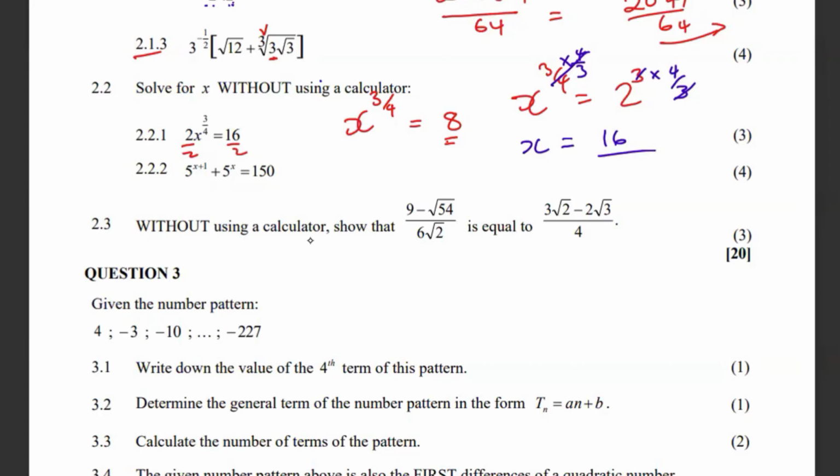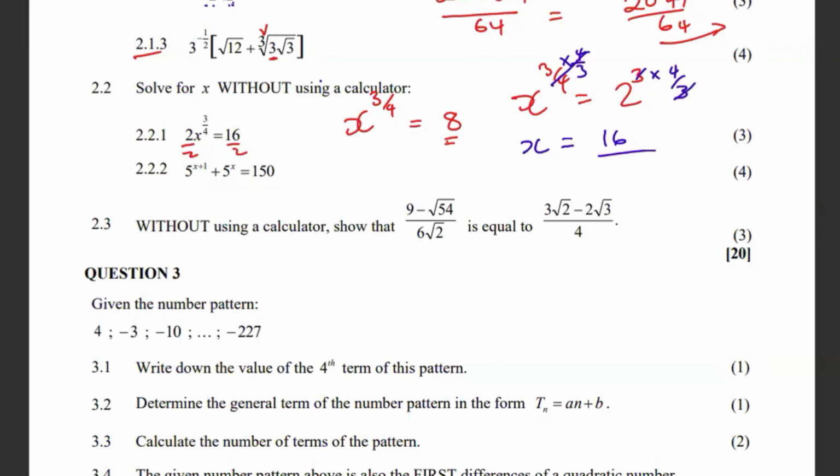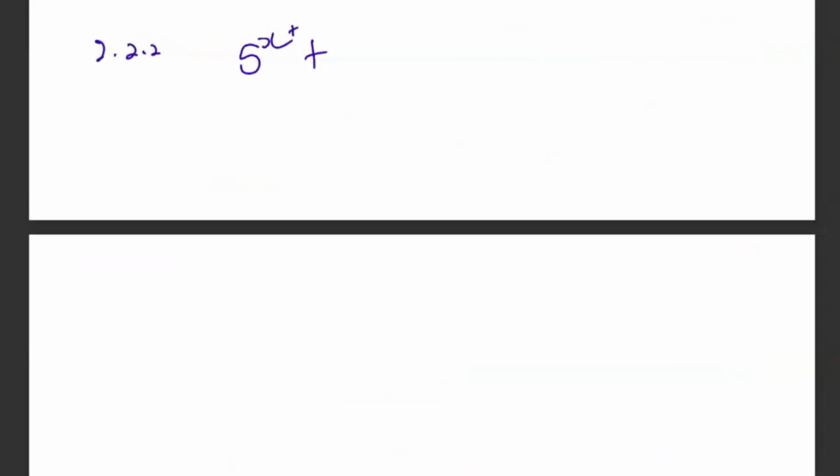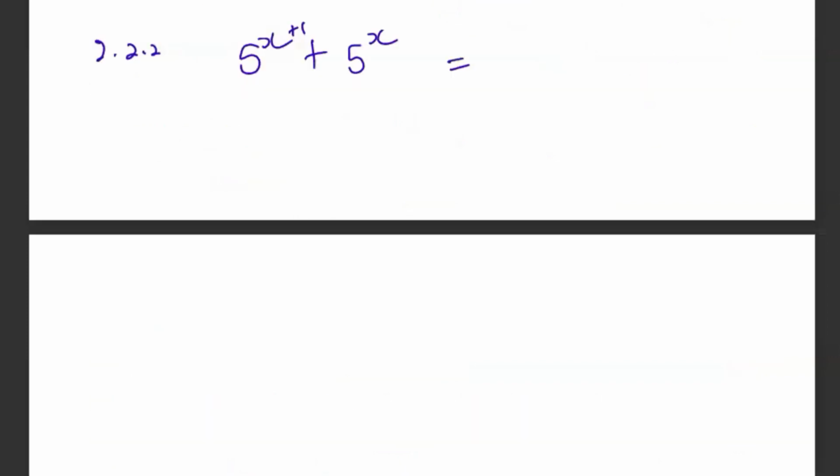Then 2.2.2, we have 5 to the x plus 1 is equal to 150. Let's take out the 5 to the x. We shall have 5 to the x times 5 plus 1 is equal to 150.